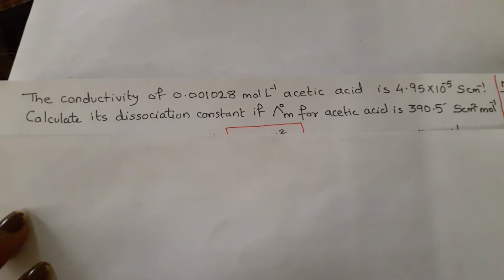Calculate its dissociation constant if lambda m0, that is molar conductivity at 0 concentration for acetic acid, is 390.5 Siemens centimeter square per mole.